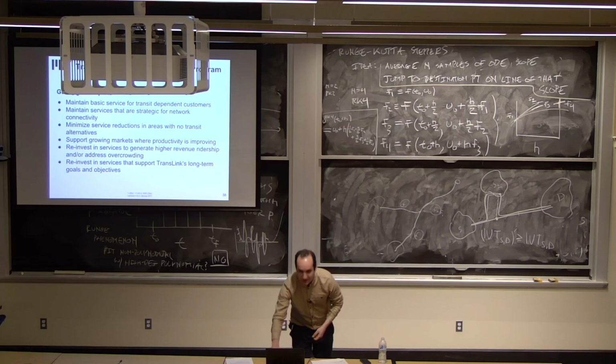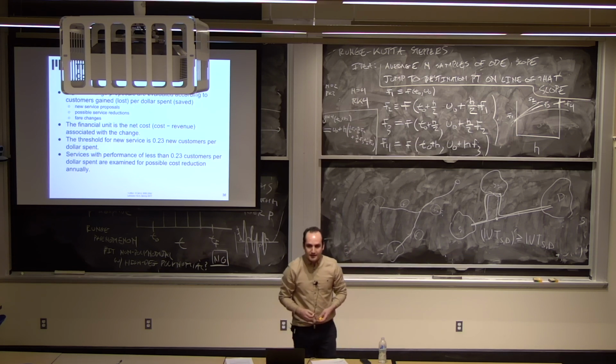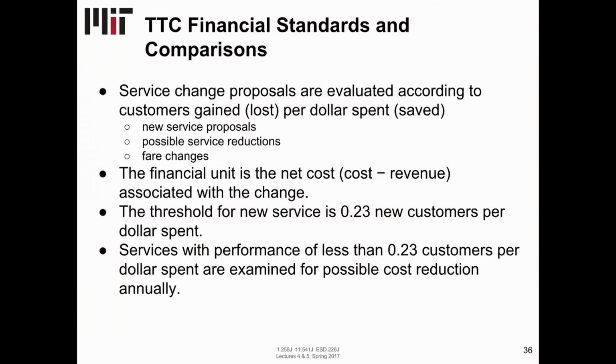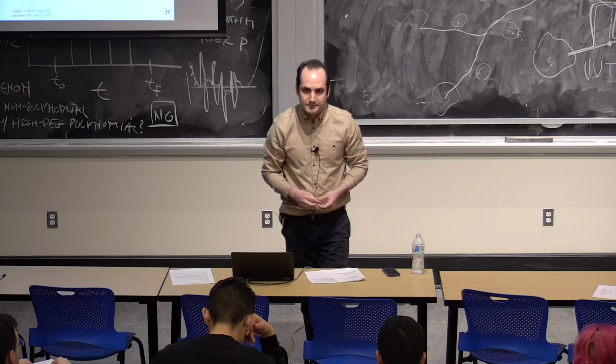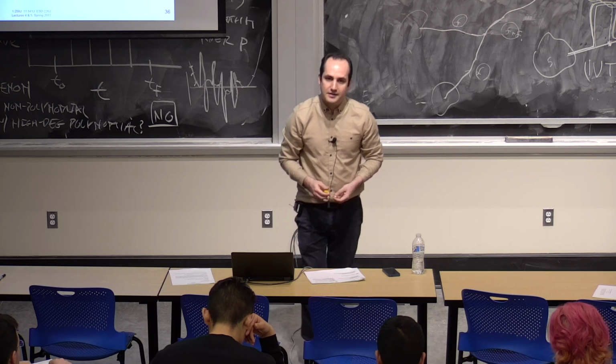Where it says the TTC evaluates financial impact of service changes. Any service change proposal is evaluated according to customers' gain or loss per dollar spent or saved. Doesn't that mean that if they could eliminate any stop, for example, and not lose any customers, but just make those customers walk further and make service less convenient for them, that would be a sound decision according to these criteria?